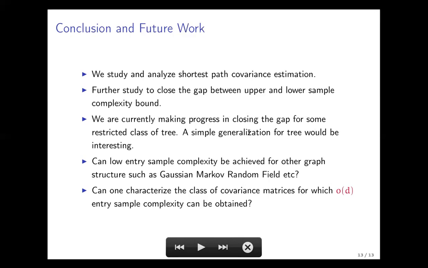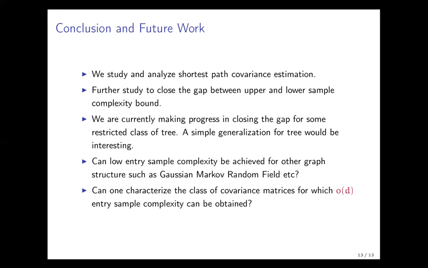There are also several questions that need to be answered, and we find them very interesting. One of them is: can low entry sample complexity be achieved for other graph structures, such as Gaussian Markov random fields?